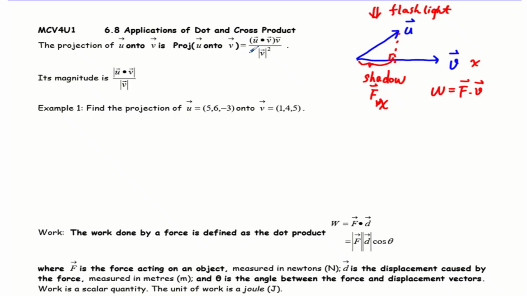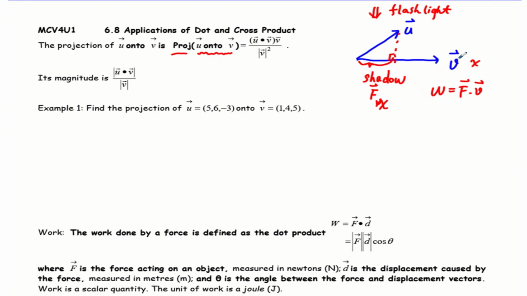It's written in this way. The projection of the vector u onto v equals u dot v, which is our work before, and we know that is not the work. We need to divide it by the magnitude of v.